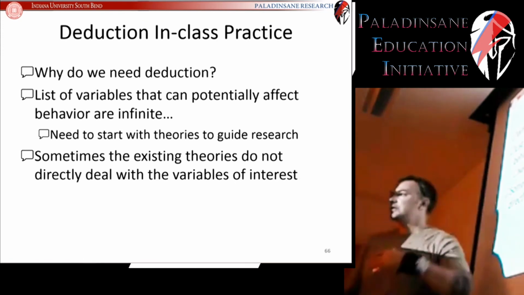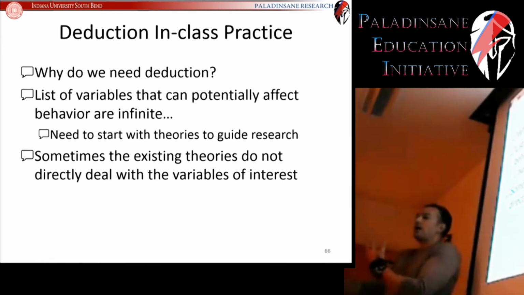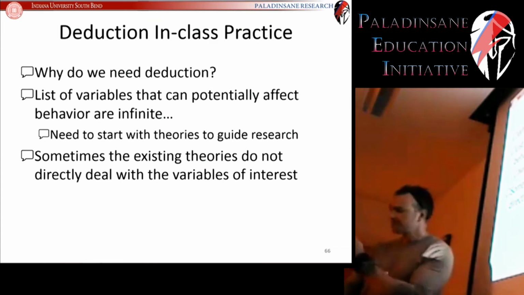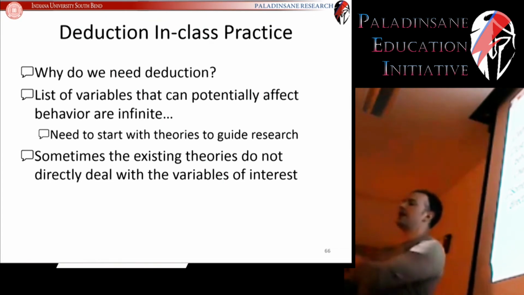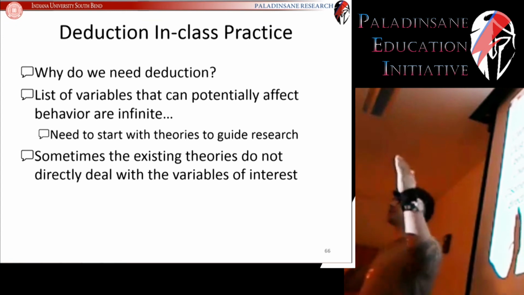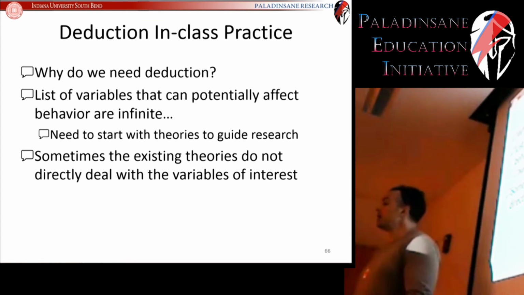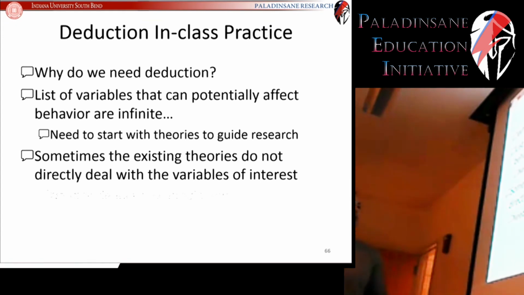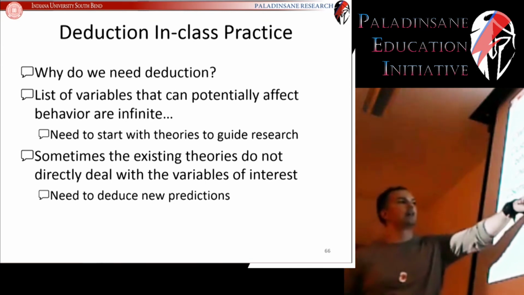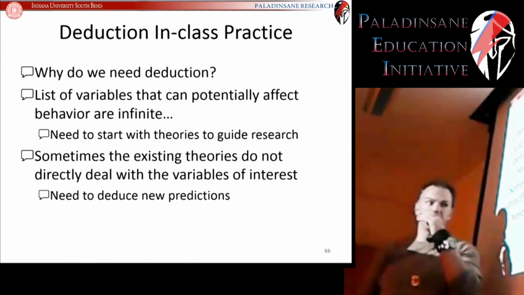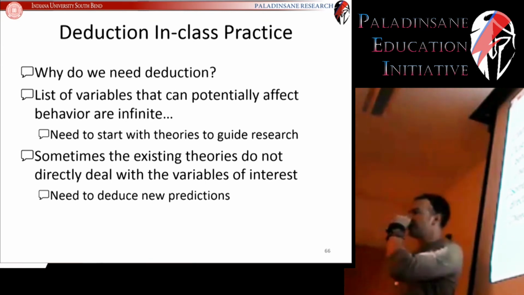So sometimes you're like, well, what is social media going to do? How is that going to affect our behavior? And you can take a look at the research, and there's nothing on social media because it's a brand new phenomenon. So what do you do? Well, you look at other theories that kind of tangentially affect it, and you need to deduce new predictions.